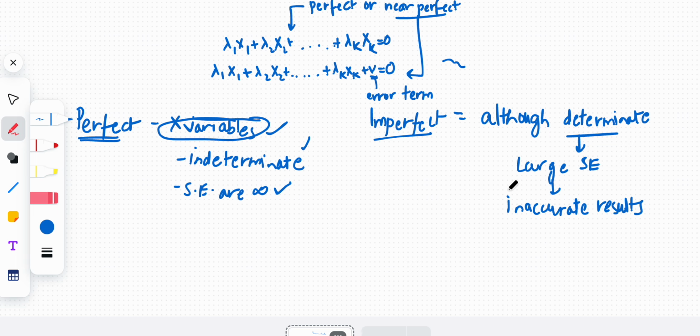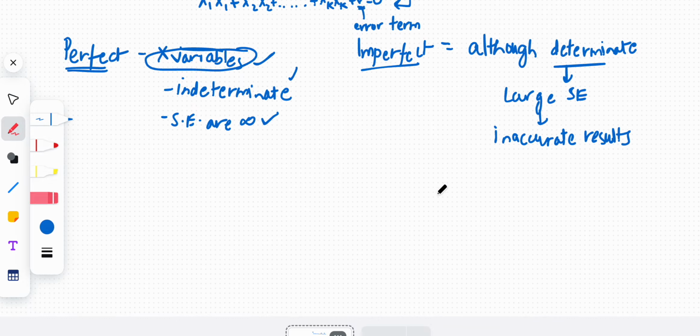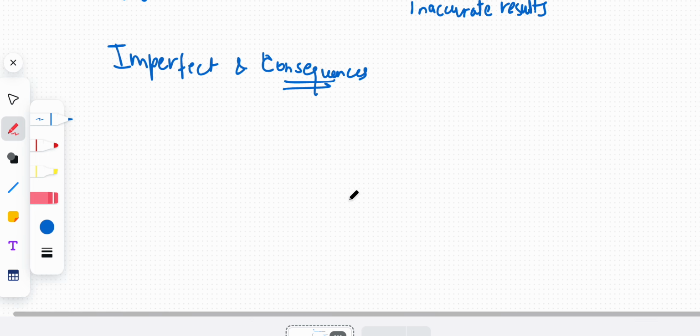Now, if the examiner were to ask you about imperfect multicollinearity and its consequences, what are the basic consequences that arise out of it?